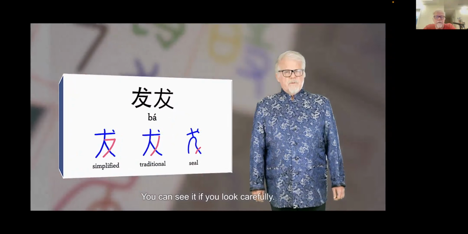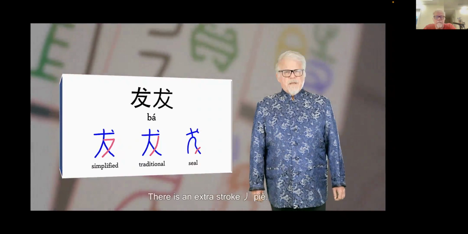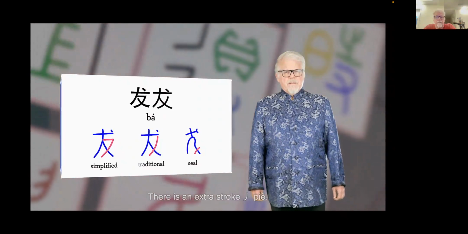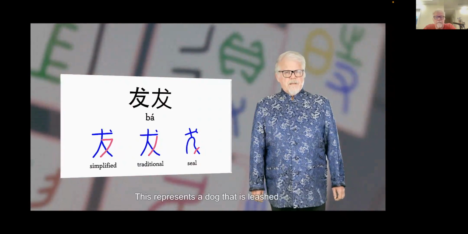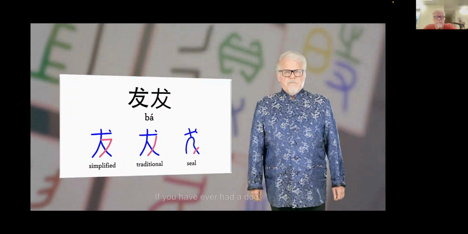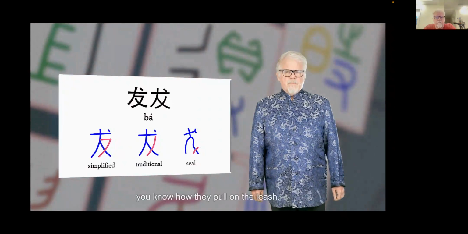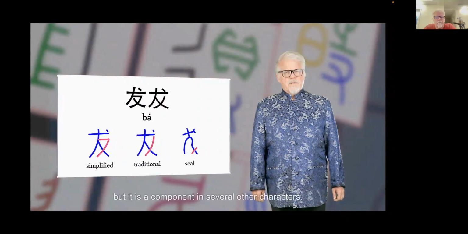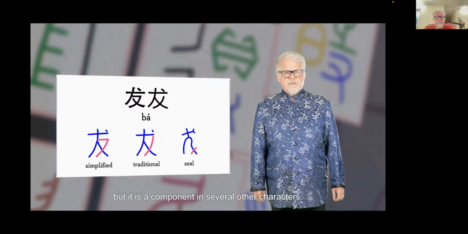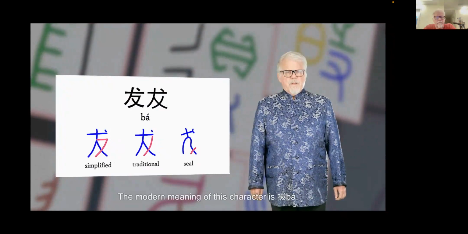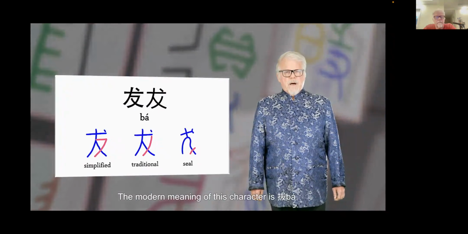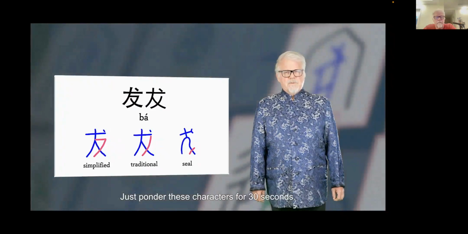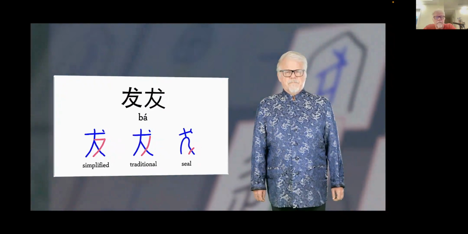You can see it if you look carefully. There is an extra stroke, pie. This represents the dog that is leashed. If you have ever had a dog, you know how they pull on a leash. This character is very rare, but it is a component in several other characters. The modern meaning of this character is ba. Just ponder these characters for 30 seconds.